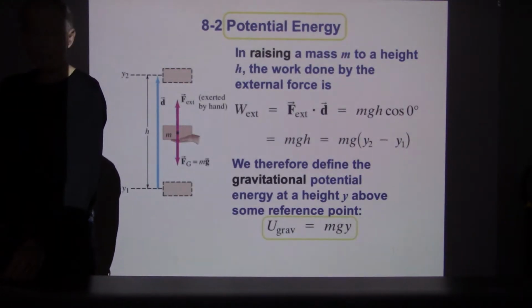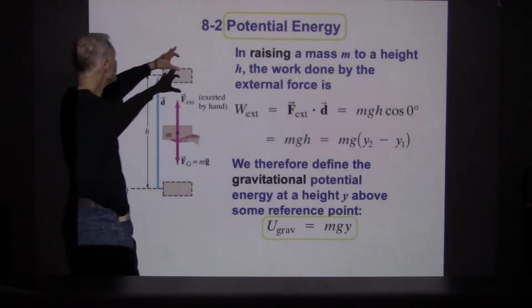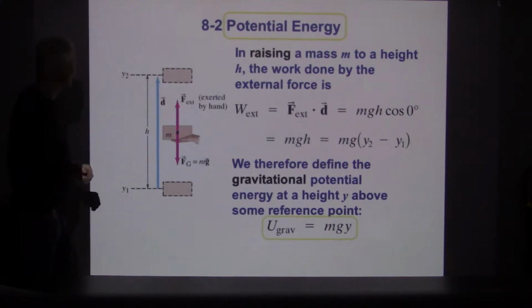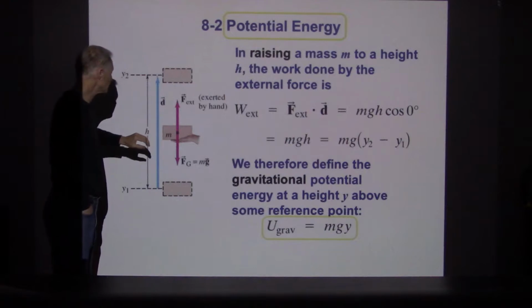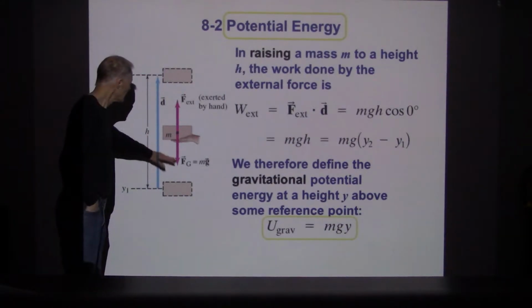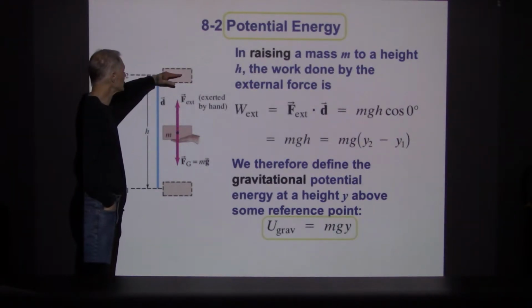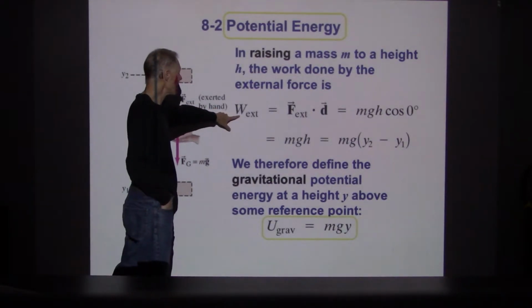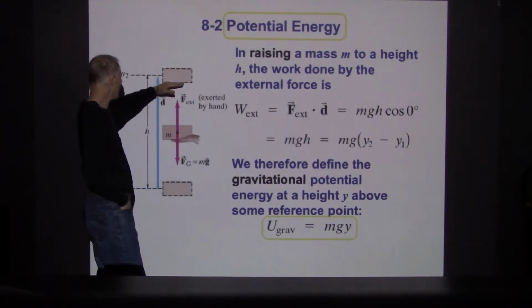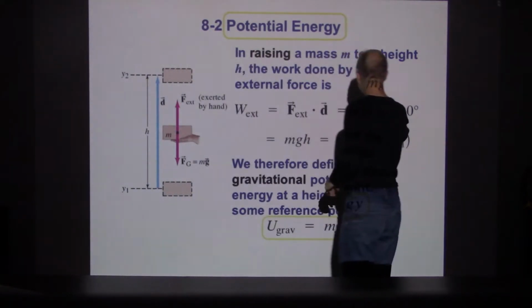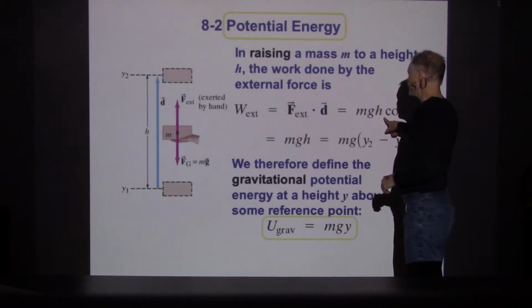Again, kind of a repeat here. They're introducing the idea of potential energy. We used that phrase back in chapter 7. We talked about how if we take an object and lift it through a certain elevation, the work we have to do to raise it from a lower elevation to a higher elevation is given by the force times the distance.